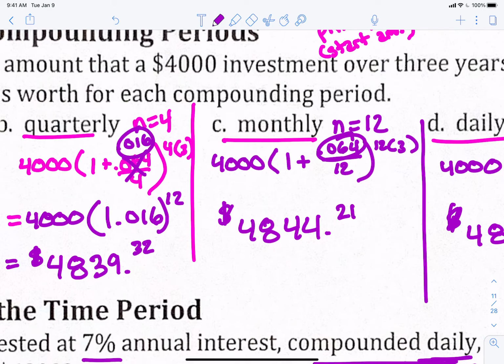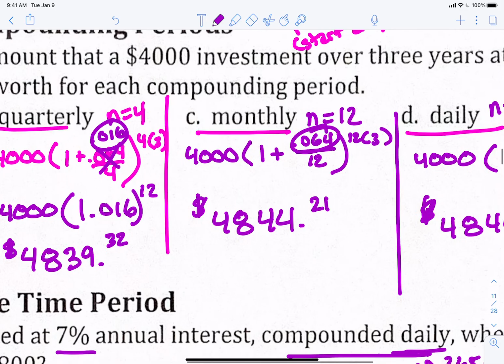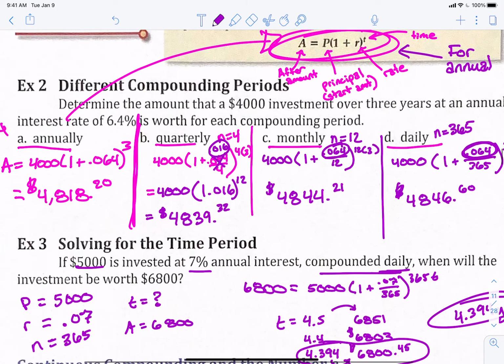But when they compound it daily, they're separating that for the entire year, and they're taking that percentage of your new total each time. So it's giving you just pennies and dollars more than what it was before. So as you compound daily versus monthly, quarterly, annually, daily is going to give you the most money.